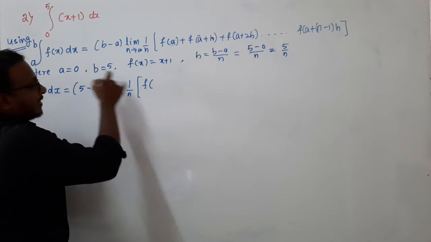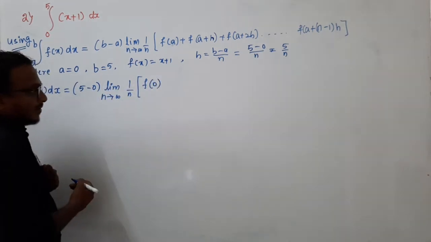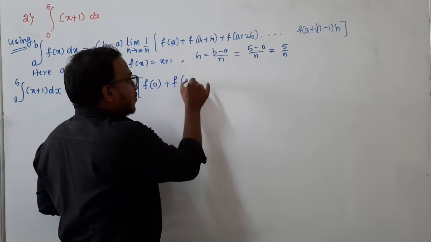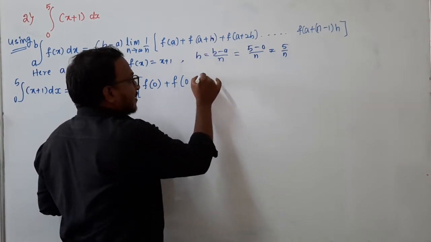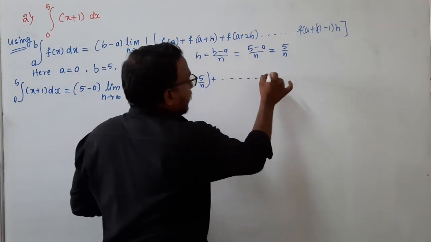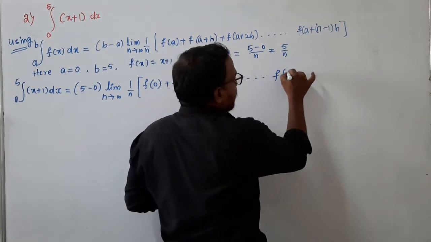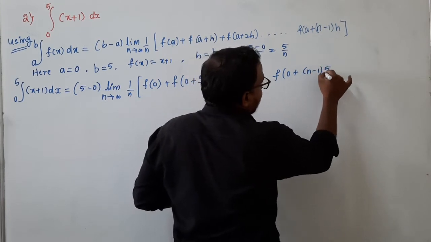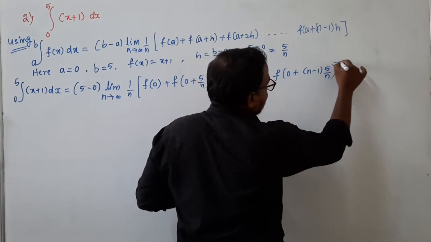What is a here? 0. Then plus f of 0 plus h, meaning 5 by n, and so on up to f of 0 plus n minus 1 into h. Here the h value is 5 by n.